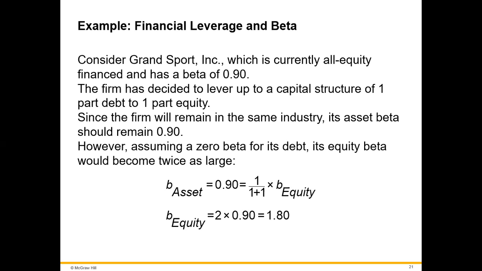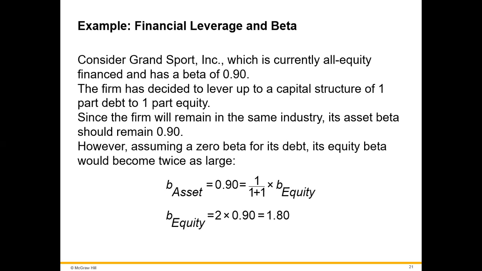Okay, so it normally has a 0.9 equity beta. Since it remains in the same industry, its asset beta will also remain the same. Now let's take a look. 0.9 equals 1 over 2 times B. So 1 over 2 is 1/2 B. So if we're trying to find B, or beta of equity, well, 1/2, move it to the other side.